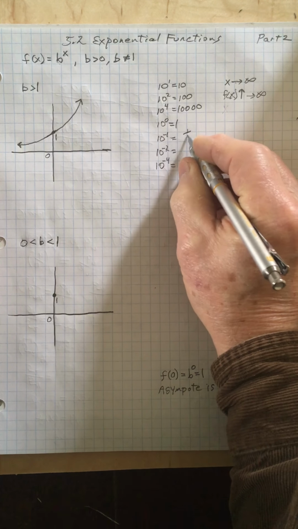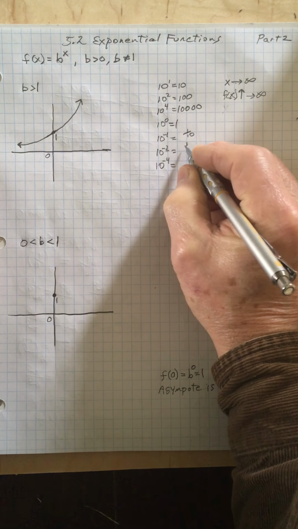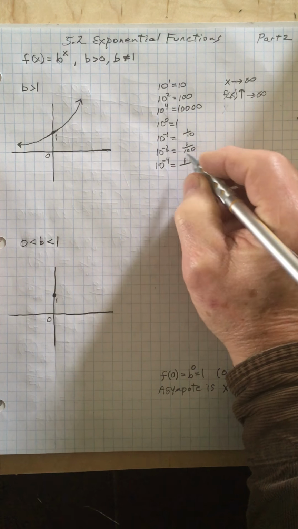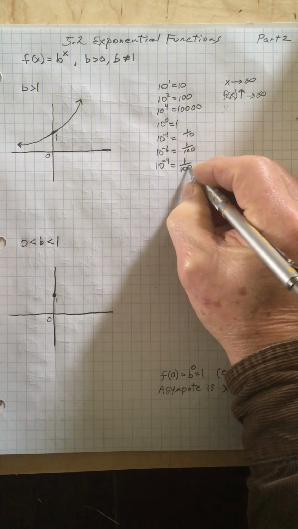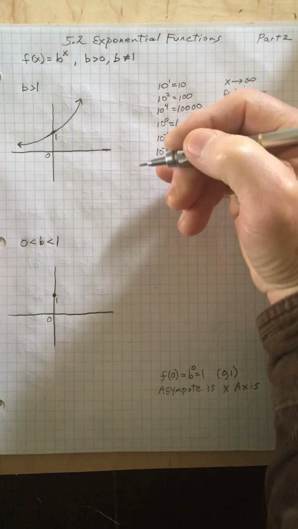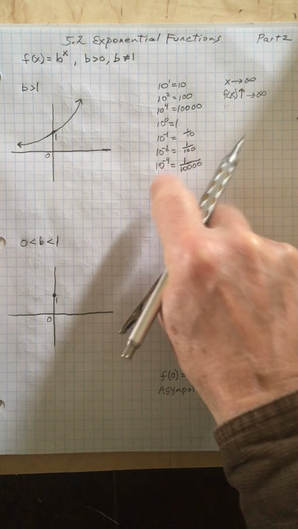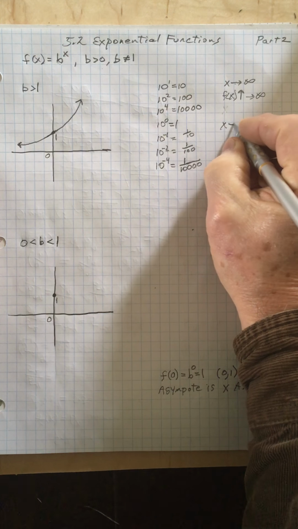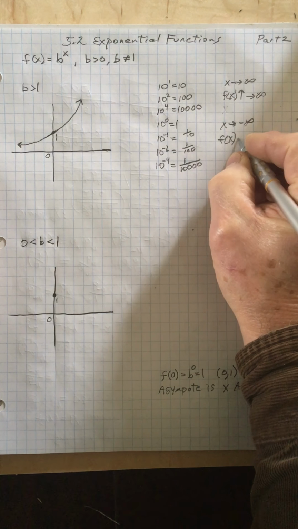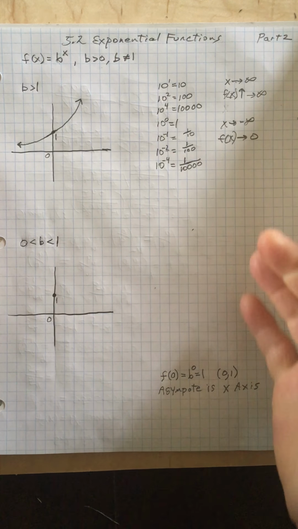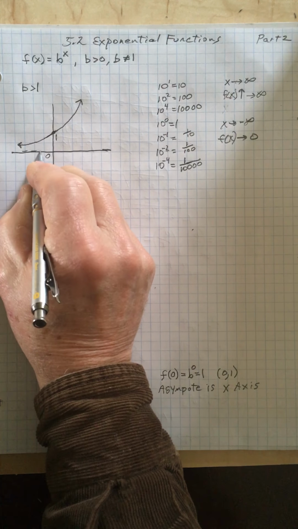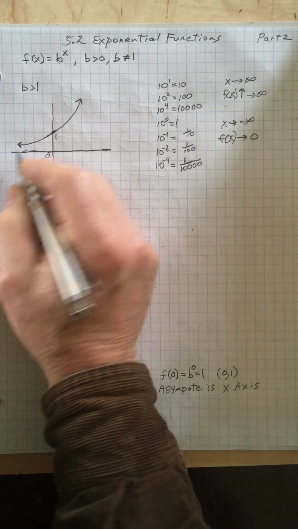So this would be 1/10, this would be 1/100th, this would be 1/10,000th, and so on. So you can see what's happening. As x approaches negative infinity, the function is approaching zero, but it will never get there, so the x-axis is an asymptote. We'll get closer and closer, but never get there.